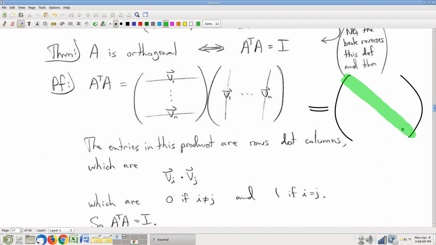First, let's think about the diagonal entries. How would I compute those diagonal entries? Well, I would take a row of the left matrix and then dot with the corresponding column of the right matrix. Keeping in mind that this is an orthogonal matrix, I know the columns of the right matrix are an orthonormal basis. The rows of the left matrix are the same orthonormal basis because it's just a transpose.